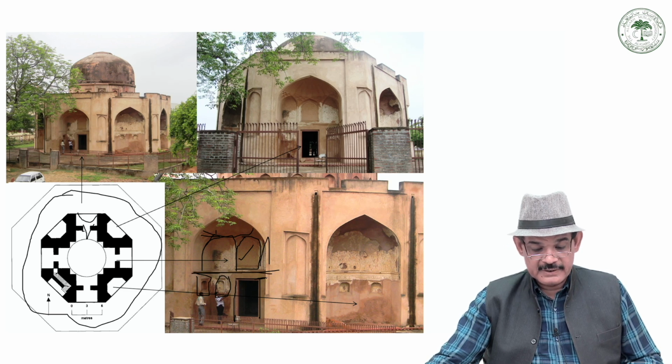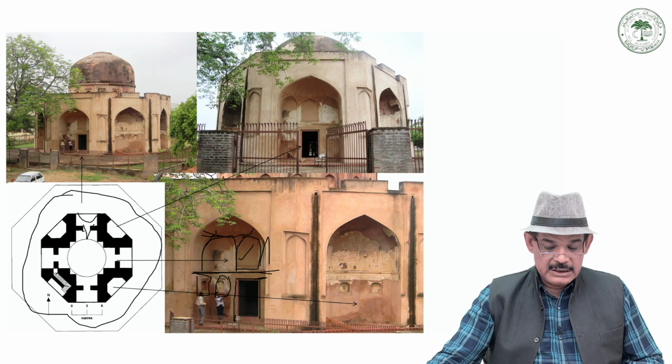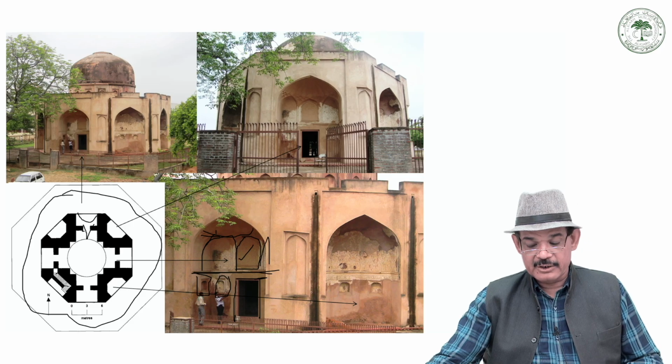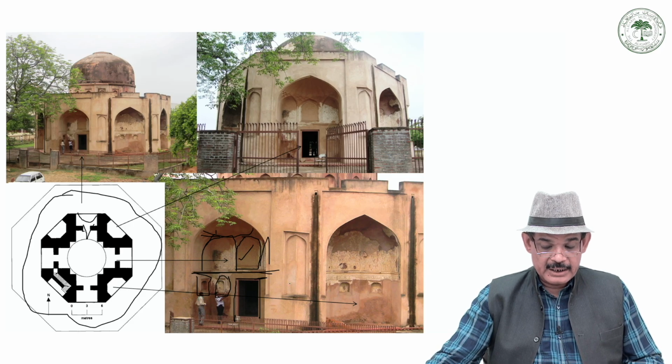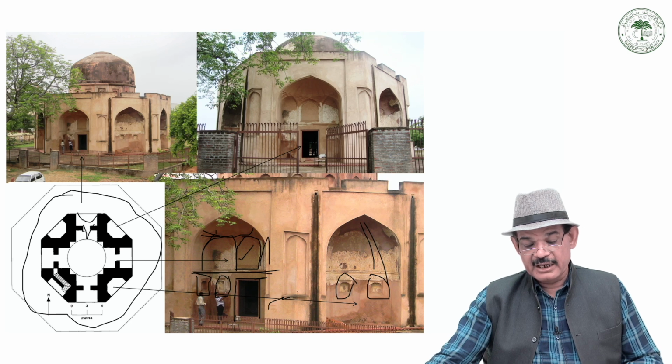These two stories are demarcated with the help of a cornice. The diagonal chambers were built on a hexagonal plan, and each hexagonal side accommodates a trabeated niche, while the half-dome ceiling was built on the same pattern that we found in the cardinal alcoves.